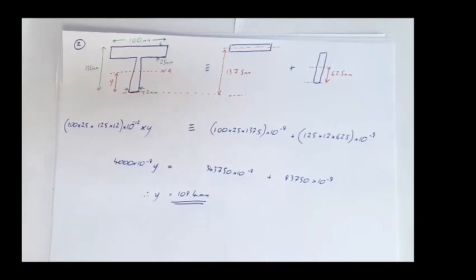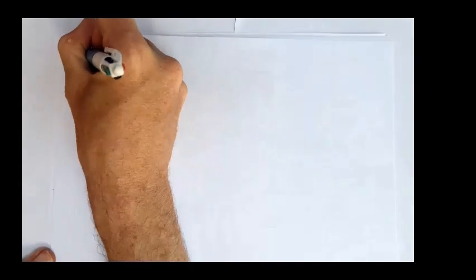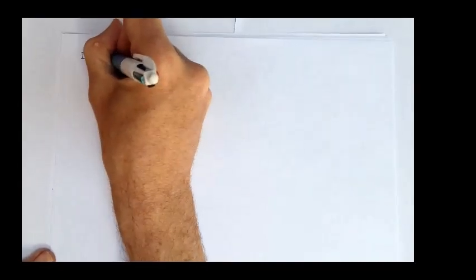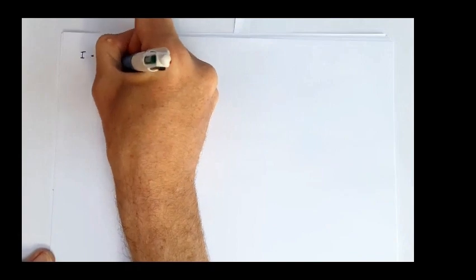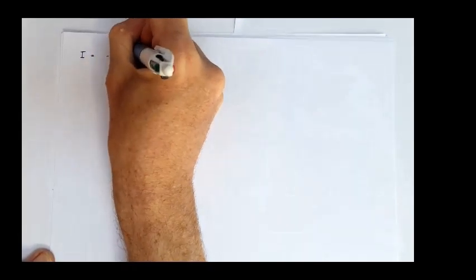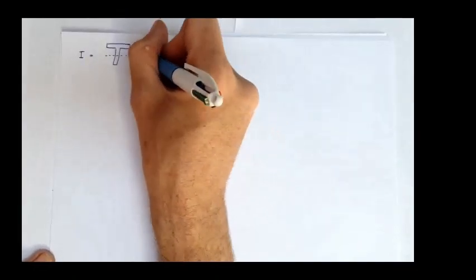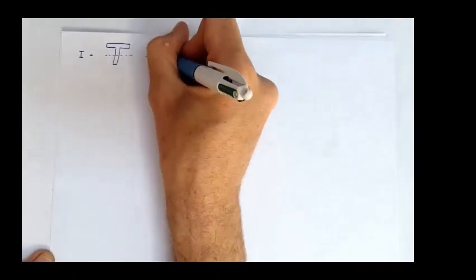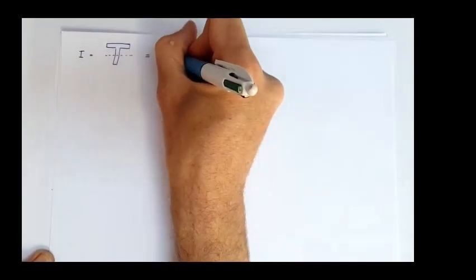Okay, now that we've got the distance to the neutral axis, we can work out what I is for the overall shape. So I, for my T section. So let's draw my T section. We're going to say that's made up of two components. We consider the top section first of all.